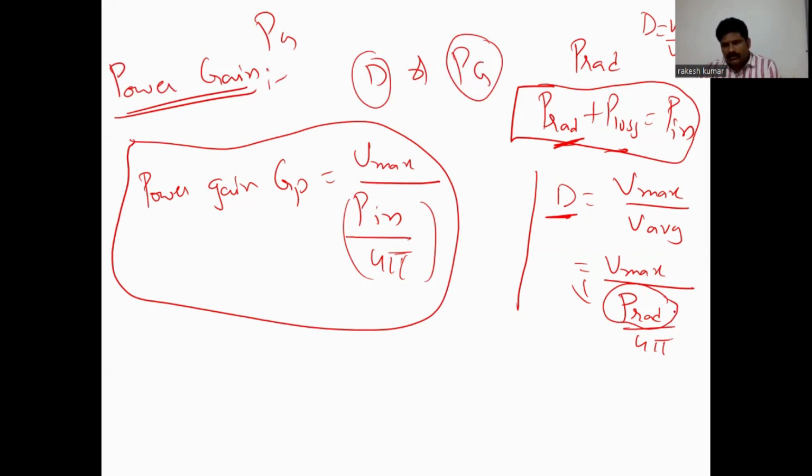In directivity we consider only the P radiated, and in power gain we consider both P radiated plus P loss, which is equal to P input.